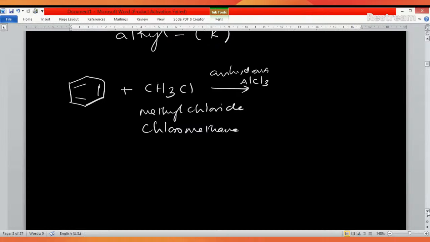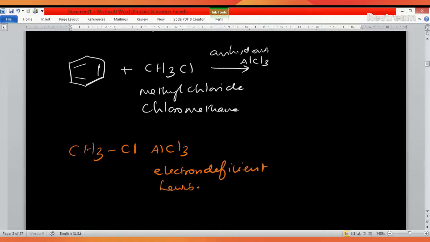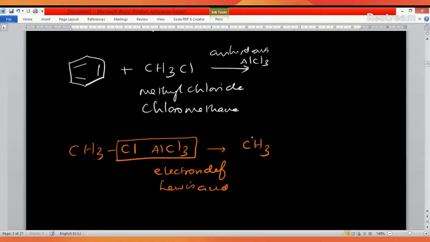Why is this behaving like a halogen carrier? CH3Cl has a covalent bond. AlCl3, you know that it is electron deficient, and it can behave like a Lewis acid, and hence it takes up Cl in the form of Cl minus. So due to that, you can have CH3 plus and AlCl4 minus.